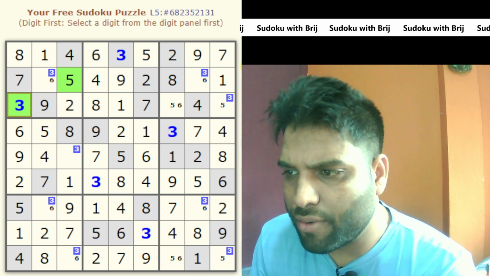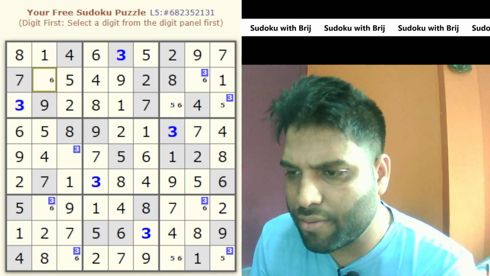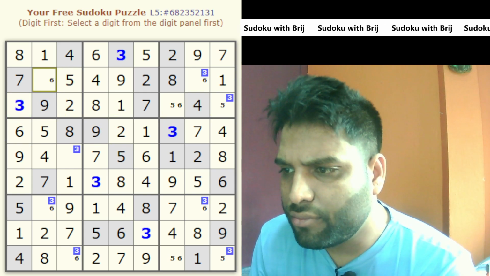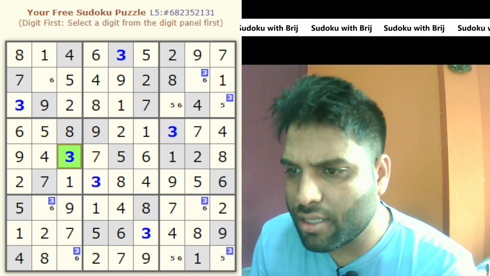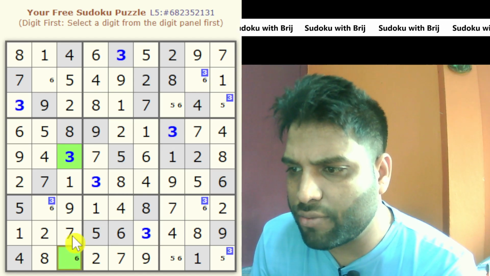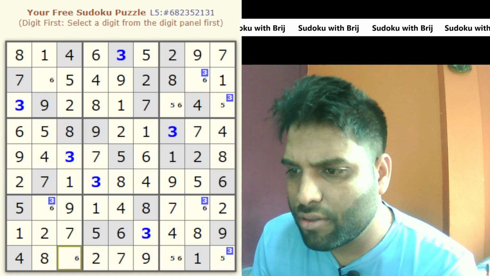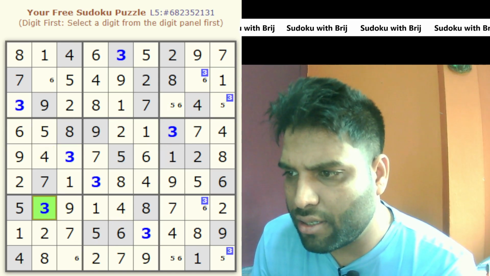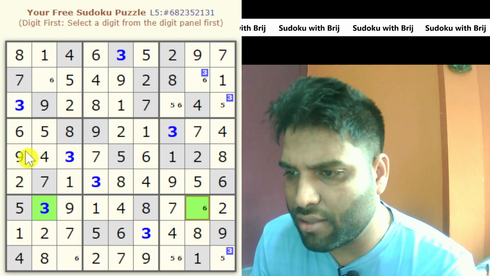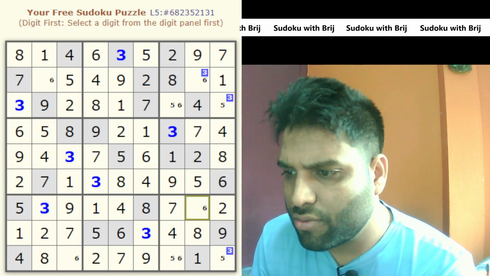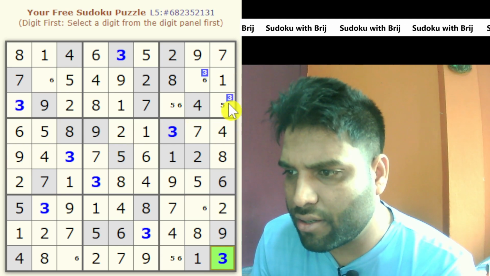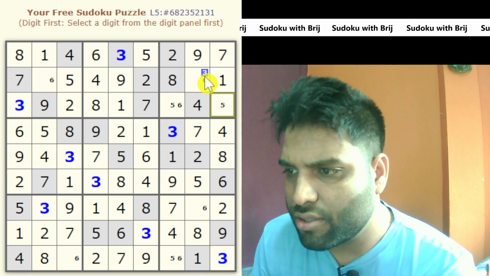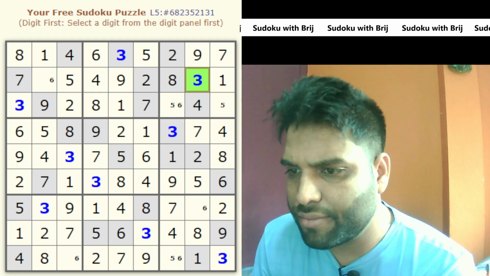So 3 can be over here, so 3 can be removed from here, and now 3 can be in this cell, and we can remove the 3 from here. So now 3 is going to be over here, and 3 can be removed from this. So 3 can be here, 3 can be removed from there, so 3 will be here.